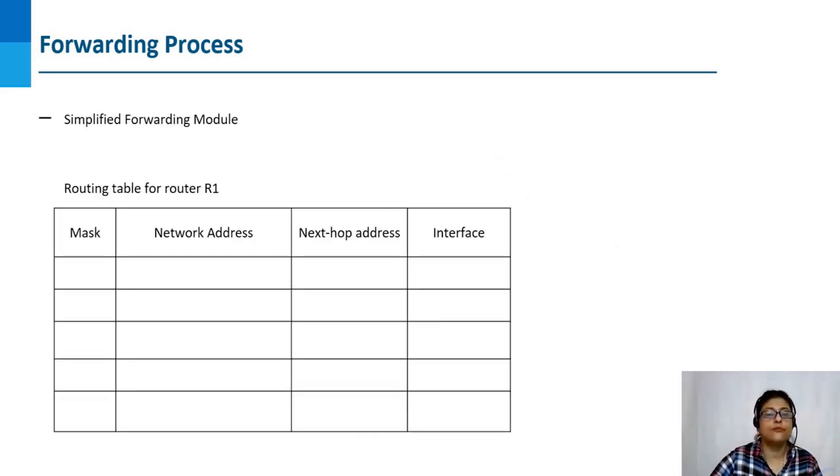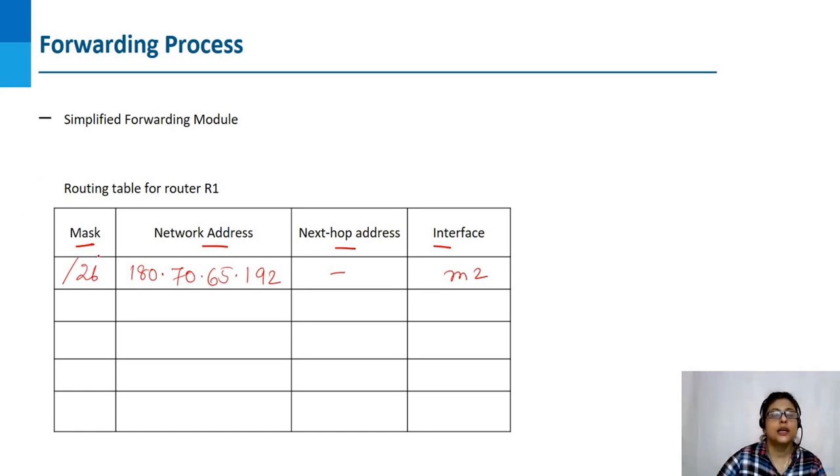So as before, we know that there must be 4 columns: the mask, the network address, the next hop address, and the interface. Initially, first, the mask is /26, and the extracted network address is 180.70.65.192. The next hop address will not be there because the router is directly connected to this network, and it is through interface M2.